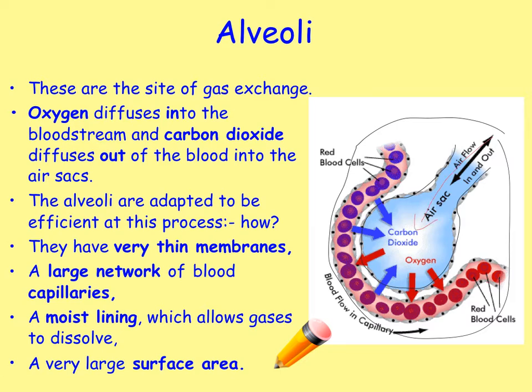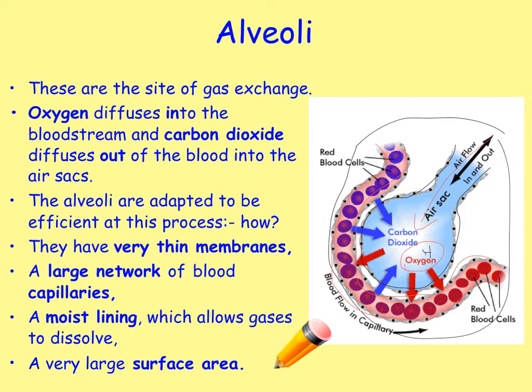When the air comes in, it's high in oxygen. Now these alveoli in the lungs are surrounded by blood capillaries, and here is one circling round the alveolus.